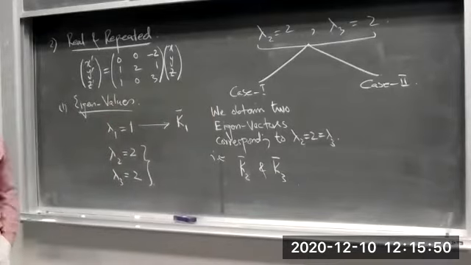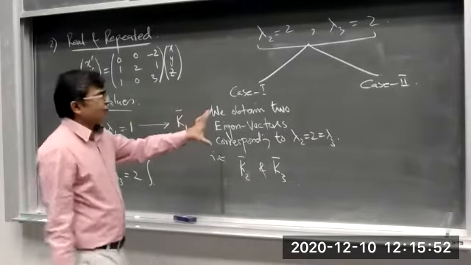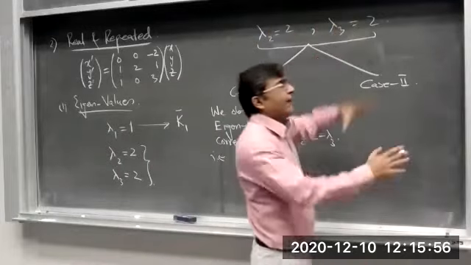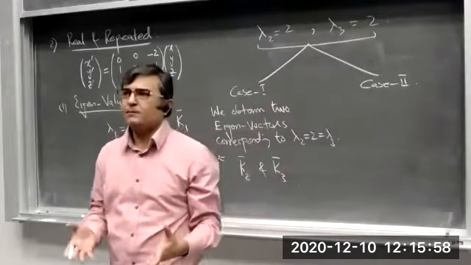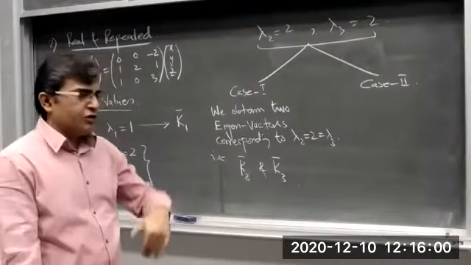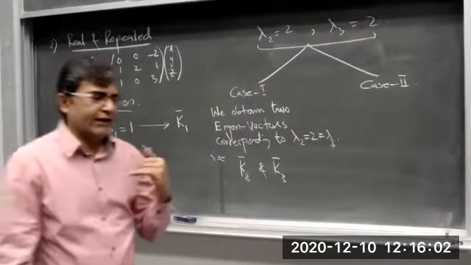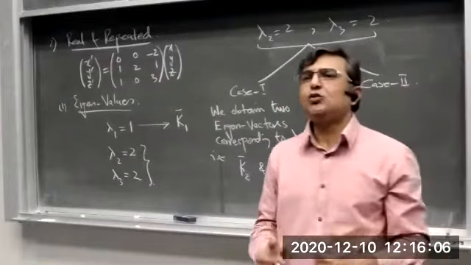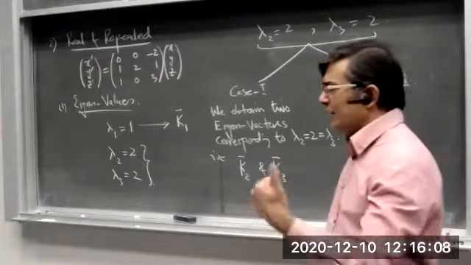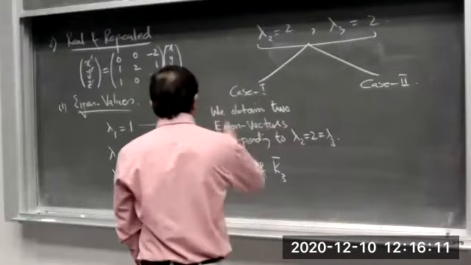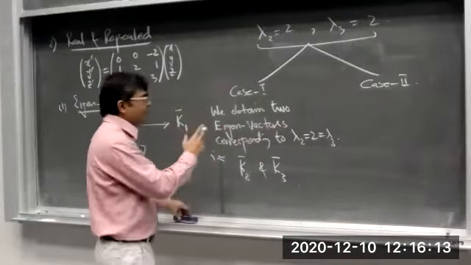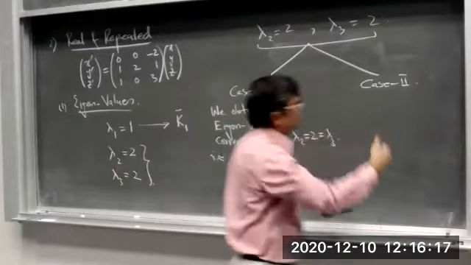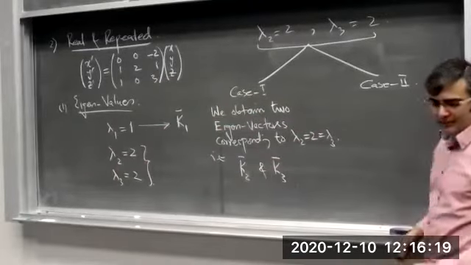This is the first case. If the first case is true, then for a single value, we obtain 2 eigenvectors. It is possible. If a homogeneous system has 2 independent variables, then we can have 2 eigenvectors corresponding to 1 eigenvalue. Let's do an example of the first case, and then we'll discuss an example of case 2.